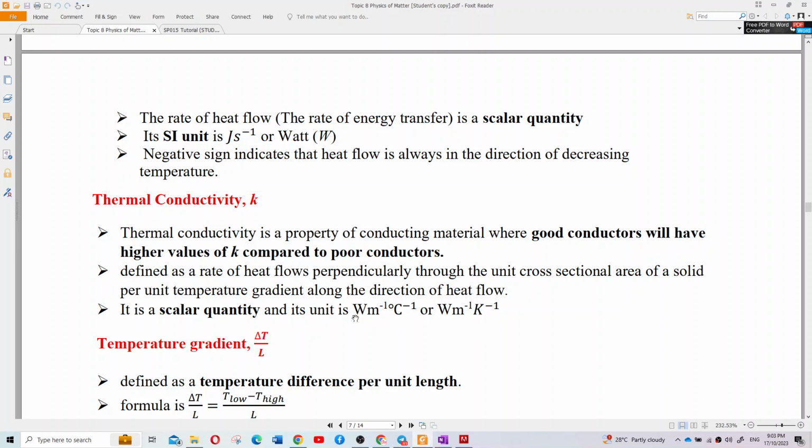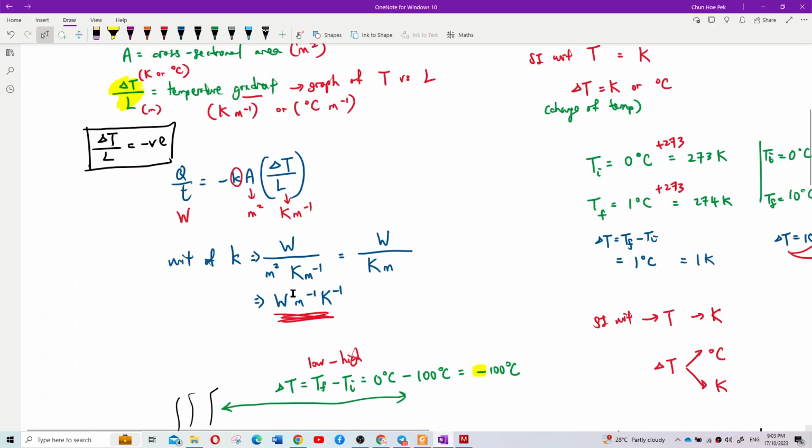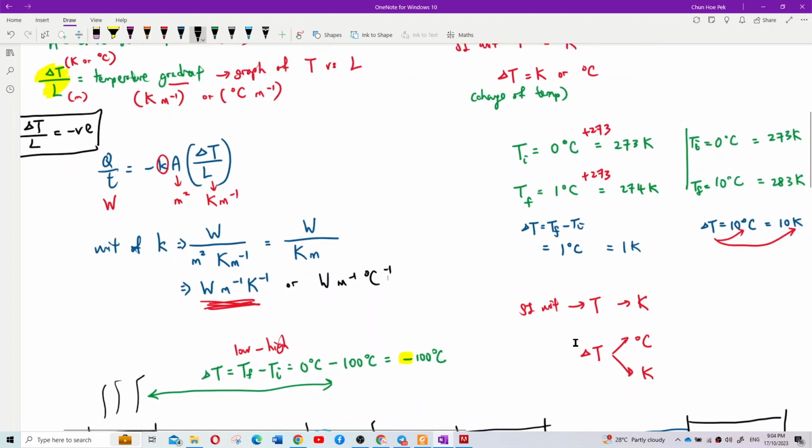How do you get this unit? I already showed you: you just have to rearrange the formula to get the unit. Delta T can be in degree Celsius or Kelvin, that's why there is per degree Celsius too.